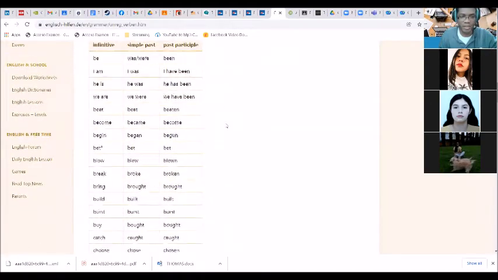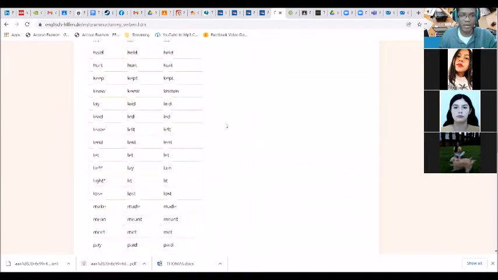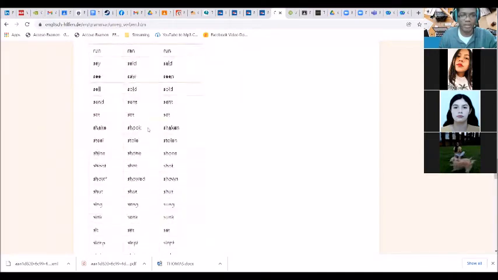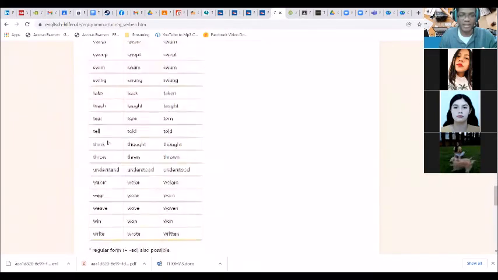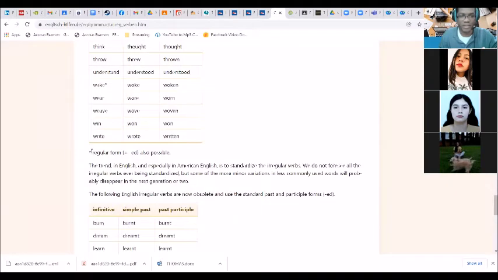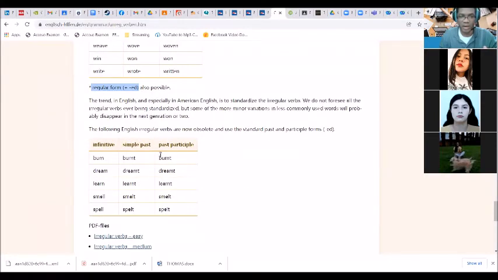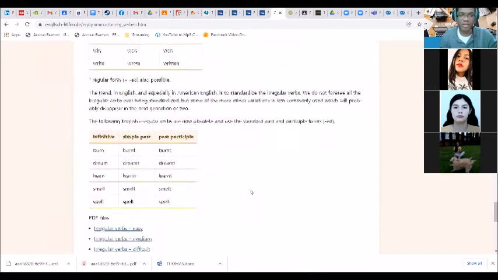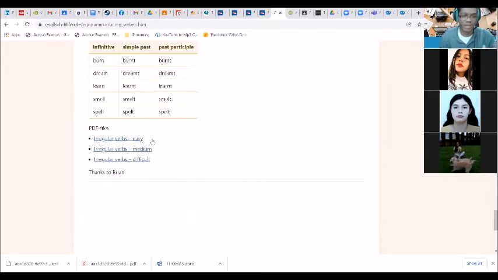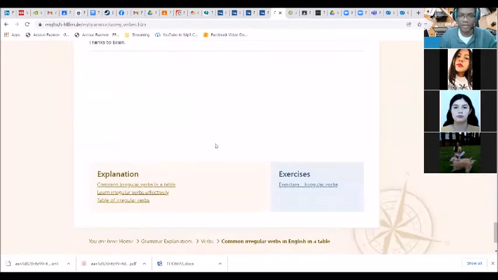But verbs in their normal form, all you need to do is add ed. For irregular verbs, you have to change them. So regular form, just add ed. Irregular form, complete change. We're going to be focusing on the past participle or the third form. There's a full list, but I'll share you the link so you can practice.